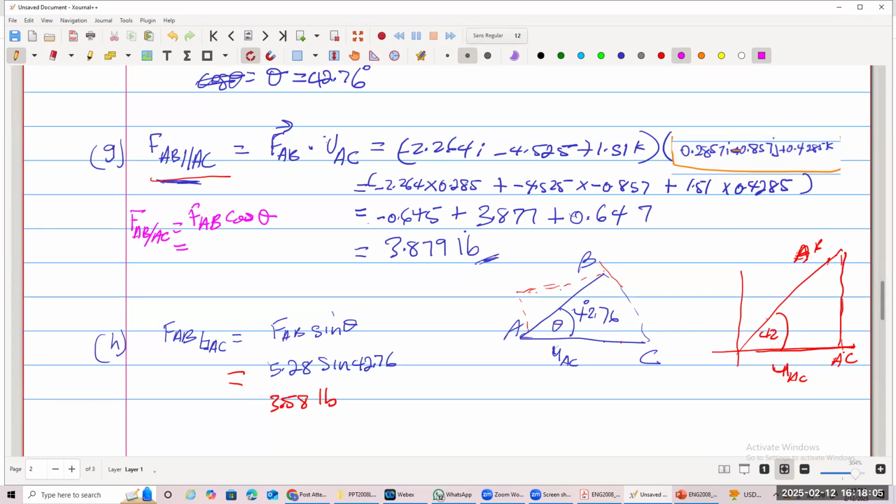The scalar value of it was 5.28, times the cos of 42.76. That should give you the same answer. Yeah, you get the same answer with that one.